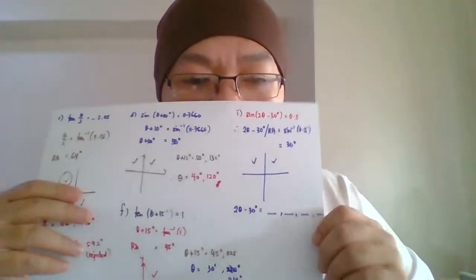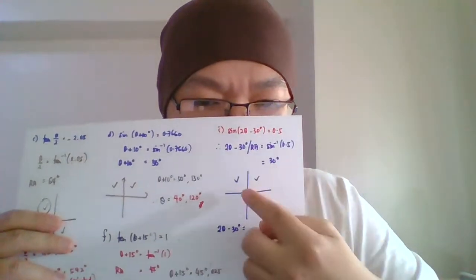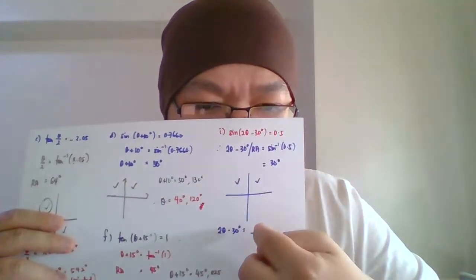So 2 theta minus 30 degree equals to, since we got 2 theta, we are supposed to get 4 answers here. The first answer will be, of course, the first quadrant. Look at your RA, first quadrant, 30.